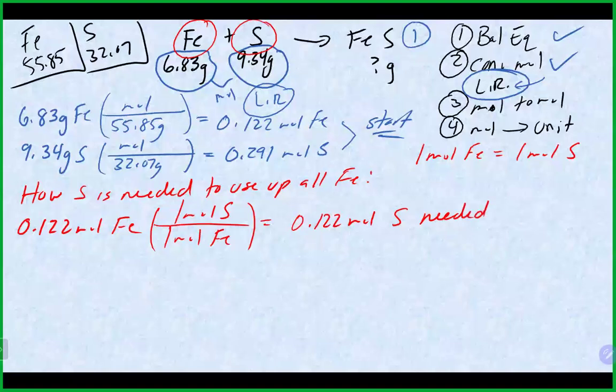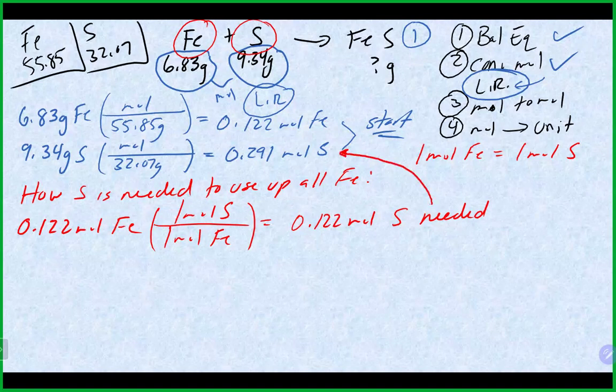Again, once I figure out how much sulfur I need, I want to compare it to how much I am starting with. Do I have enough in this case? I do have enough. I need 0.122 and I've got about 0.29. So that calculation tells me the sulfur is our excess reagent and the iron is our limiting reagent.